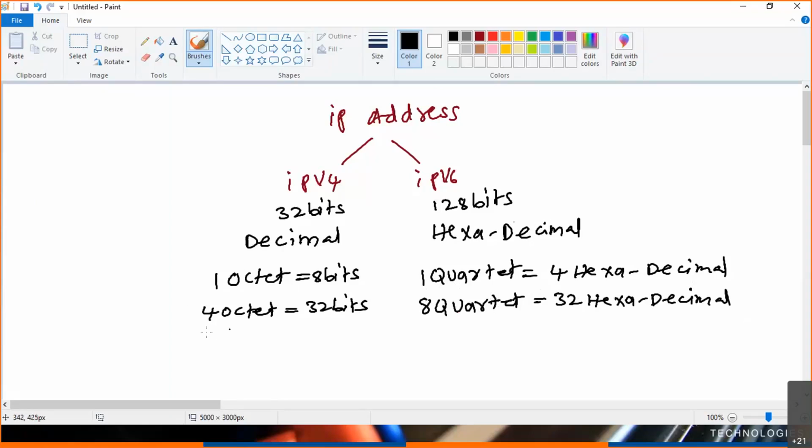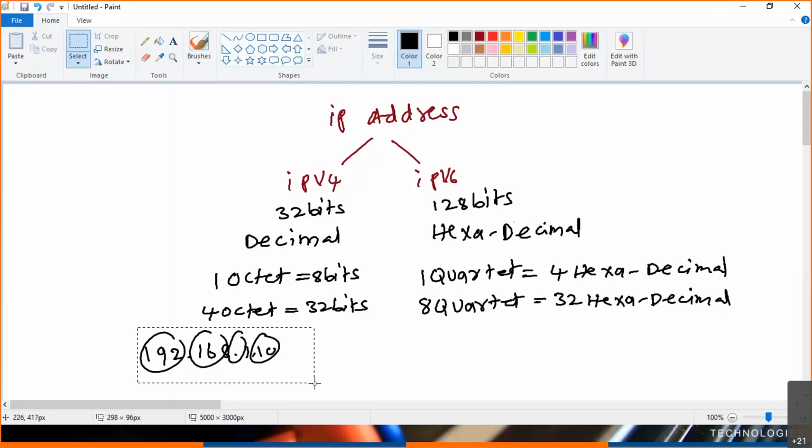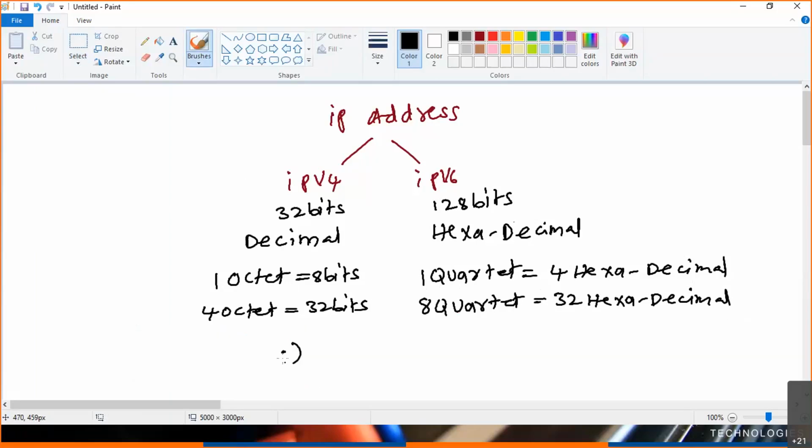For example, in IPv4 with 4 octets, 192.168.1.10, we have the first octet, second octet, third octet, and fourth octet, each separated using a dot. That is why we call it dotted decimal notation. In IPv6, each quartet is separated using colons.